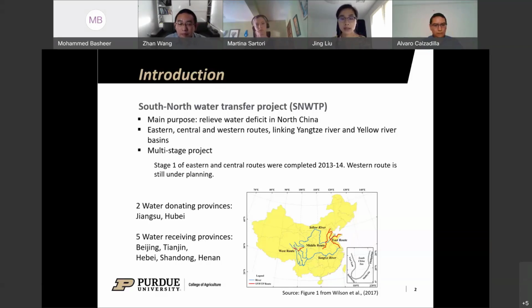So there is less evaporation and water loss along the transportation, and less sediment issues. So from the engineering point of view, they are improving it. But we hope it will greatly help alleviate the water deficit in the north part of China.